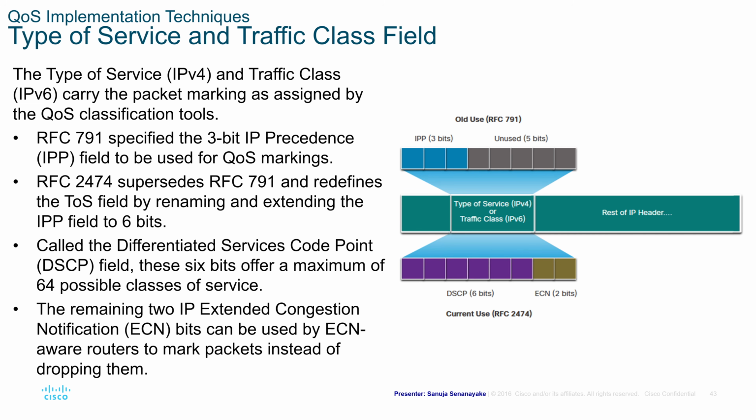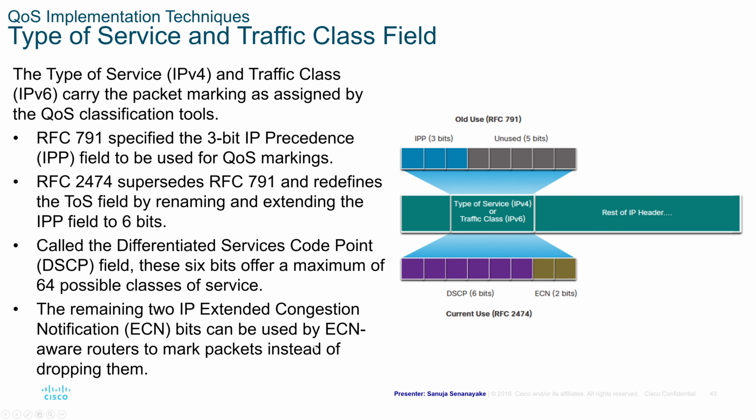RFC 2474 supersedes RFC 791 and redefines the ToS field by renaming and extending the IPP field to 6 bits. Called the Differentiated Services Code Point, also known as the DSCP field, these 6 bits offer a maximum of 64 possible classes of service.